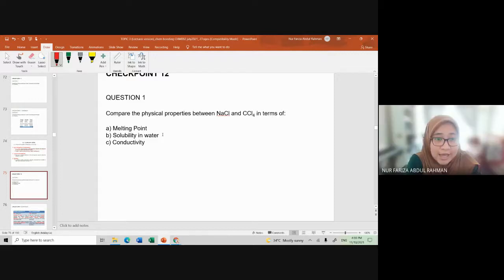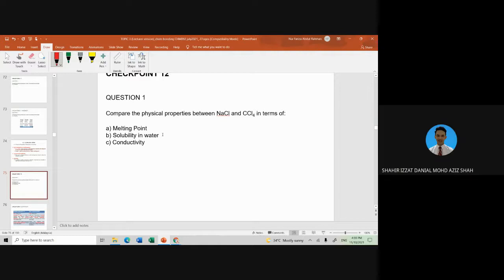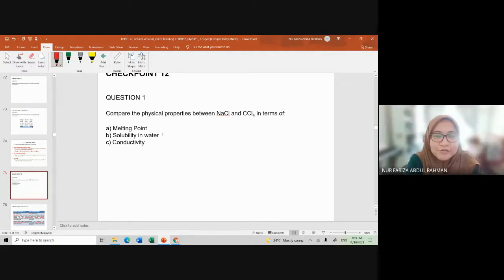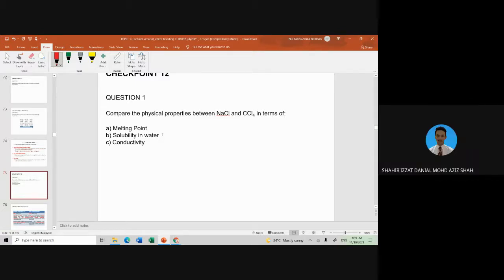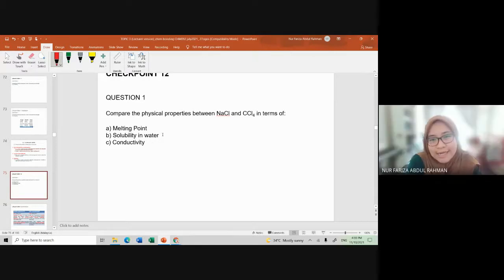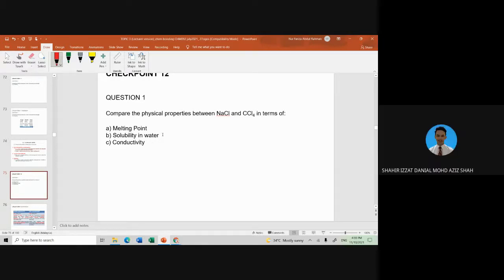NaCl. Habis apa benda yang tak tahunya? Tahu. So sodium chloride can conduct electricity. How about CCl4? Cannot conduct. Why? Do not have free moving ion.